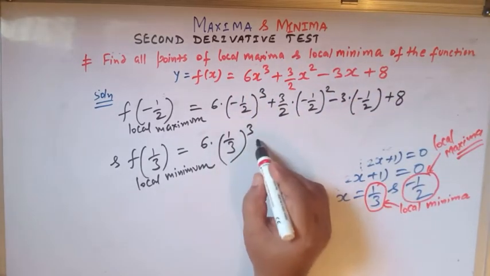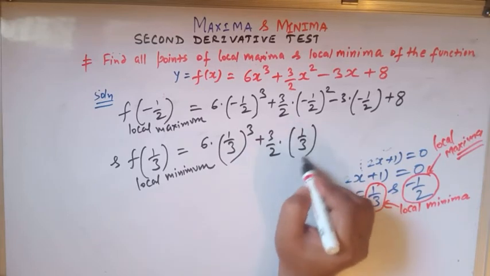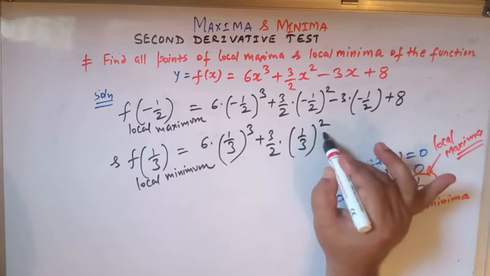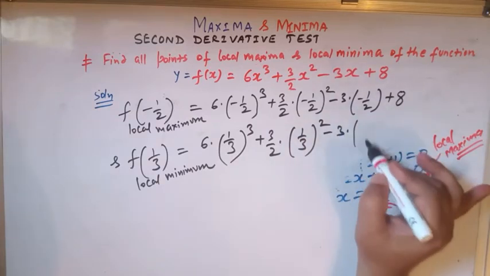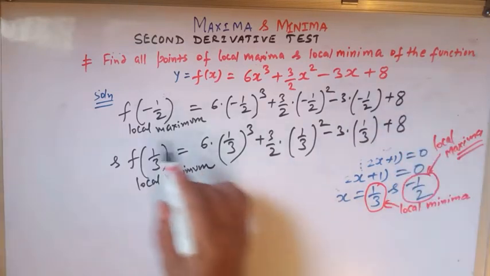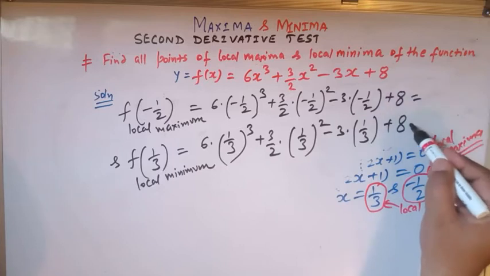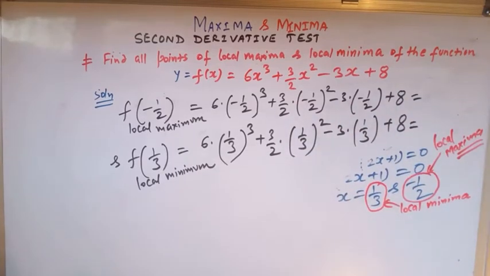We have cubed plus 3 by 2 times 1 by 3 squared minus 3 times 1 by 3 plus 8. Clear?